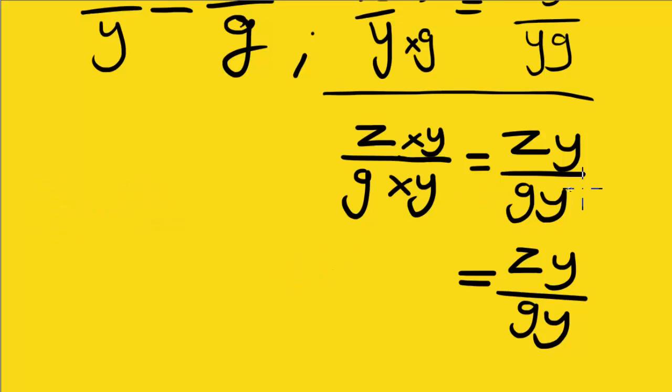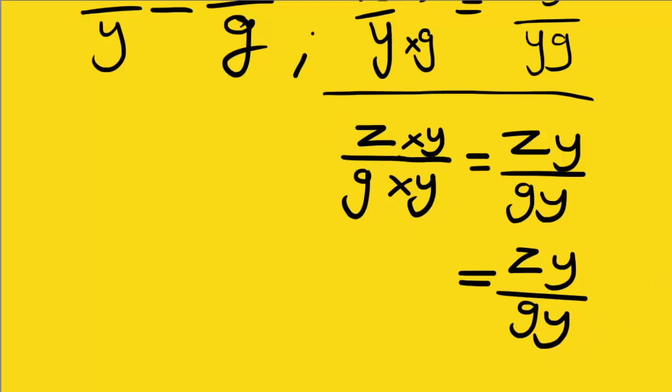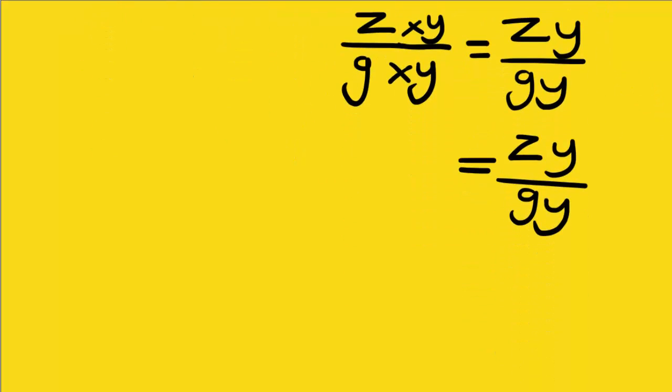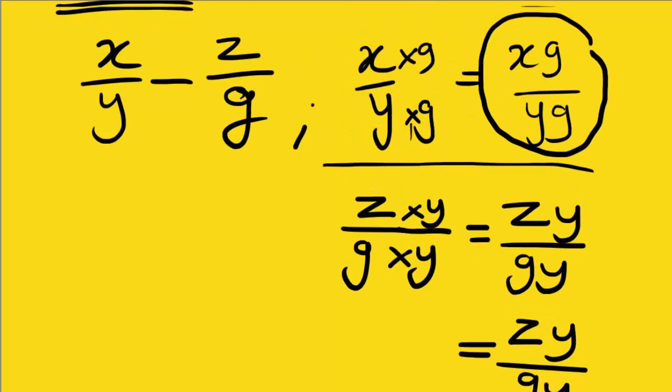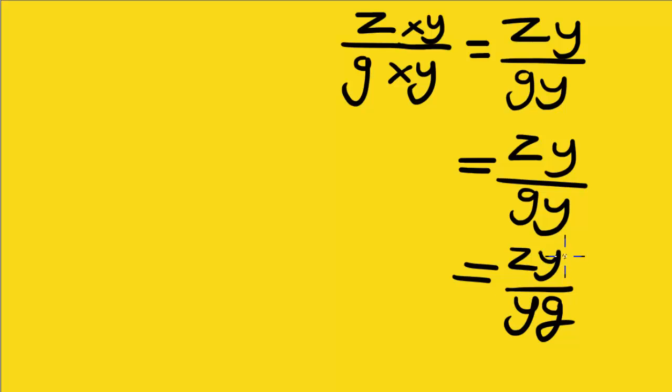So what we've done here now is we have x over y, and we've written it as xg over yg, and the other fraction was z over g, and we've written it as zy over gy, which I meant to write as yg.